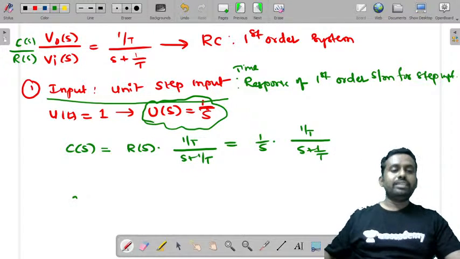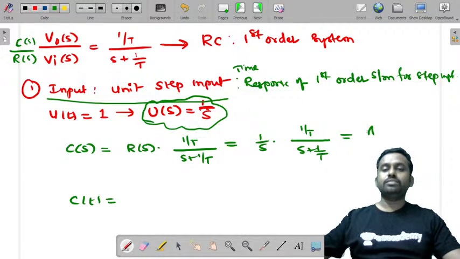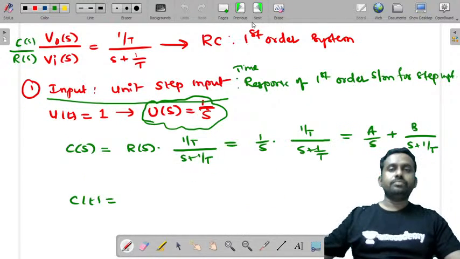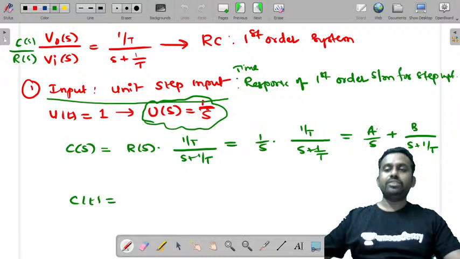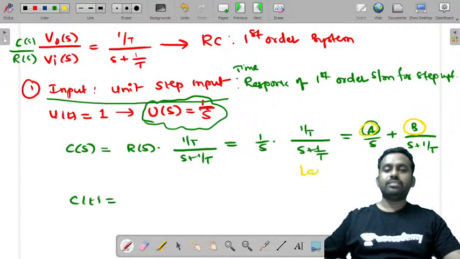In order to get the time response c of t, you need to apply partial fractions to this. So that is A by s plus B by s plus 1 by T. So in order to find this, you can find the values of A and B here. Then you can apply the Laplace inverse.